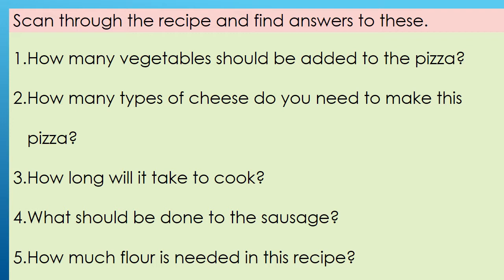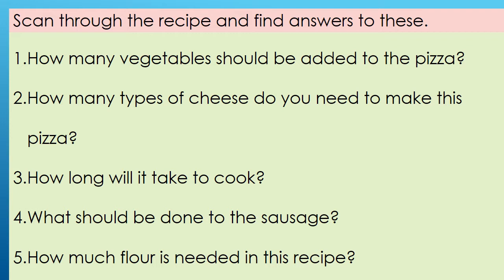First question: how many vegetables should be added to the pizza? So you have to find that specific information and write an answer, a number as an answer. How many vegetables? 5. So you have to scan through to find that out.